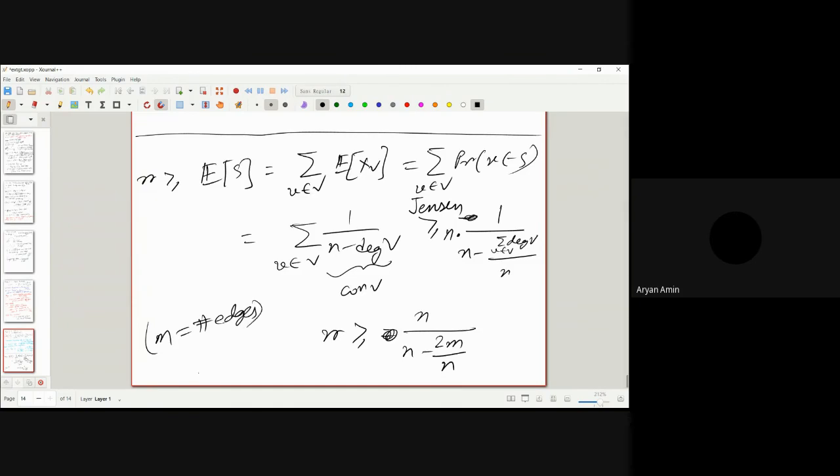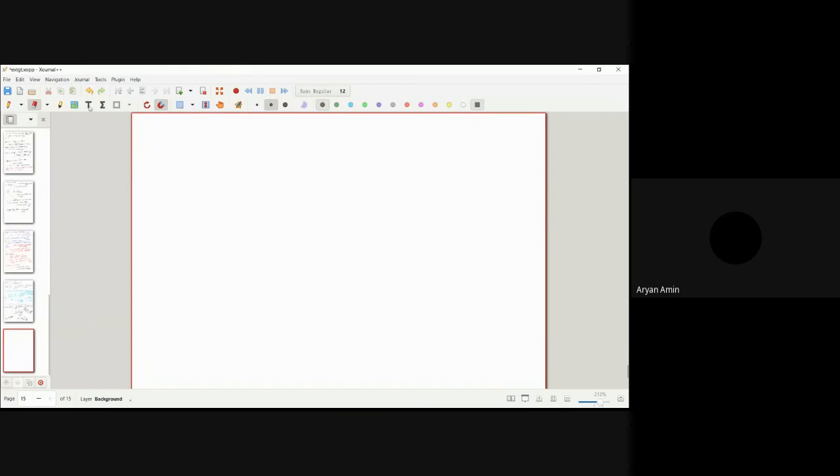So you can just rearrange this to get m is at most n squared over 2 times 1 minus 1 by R.